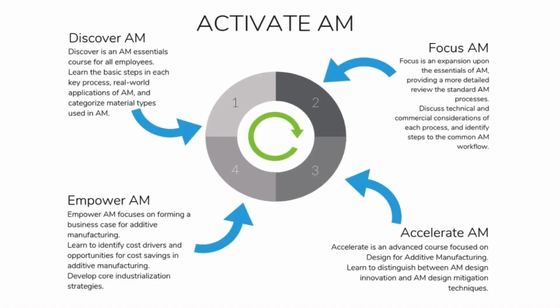So the whole portfolio is called Activate AM, and the 4 different courses. The first one is called Discover, then Focus, Accelerate, and Empower. If you take all 4 of them, the full portfolio, it will be a 3-day course in total.